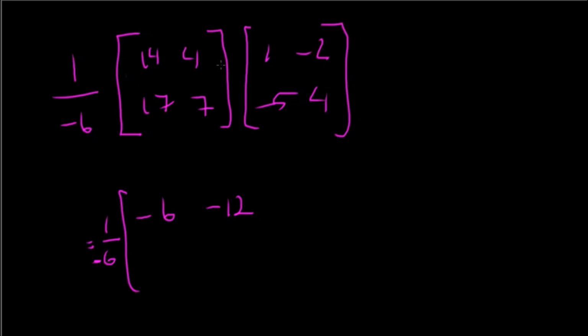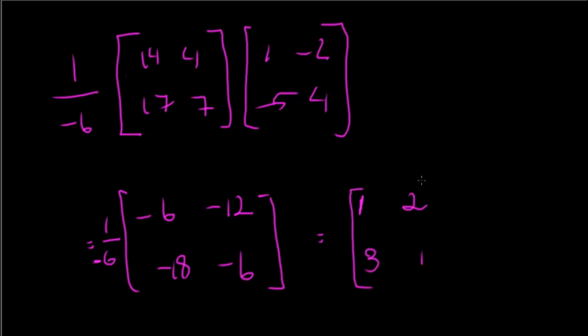And then we're going to have 17 minus 35, which is negative 18. And negative 34 plus 28, which is negative 6. I'm going to hit all of these with a negative 1/6, and we're going to have a 1, positive 2, positive 3, positive 1.